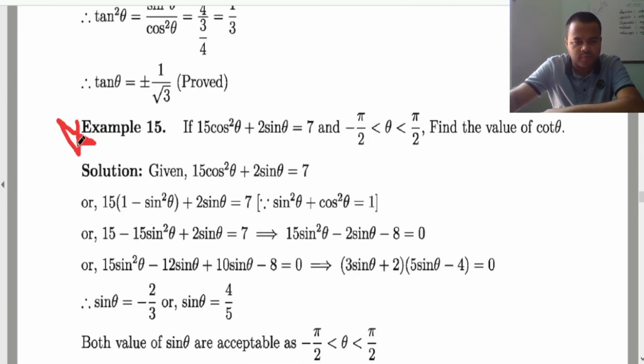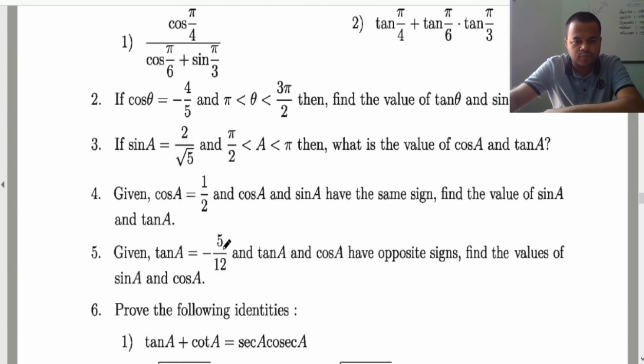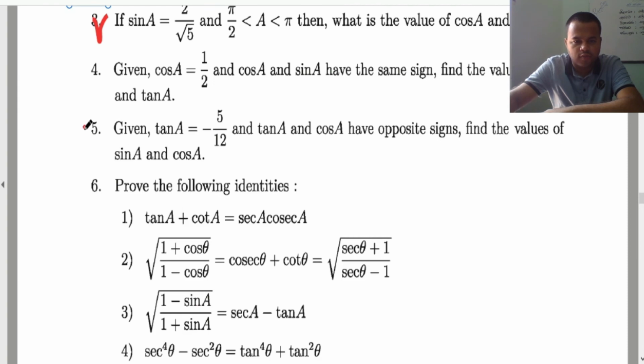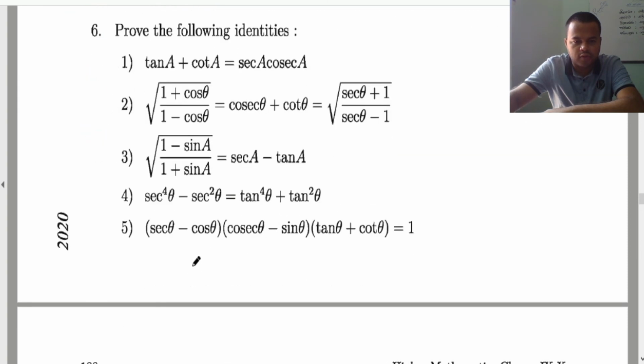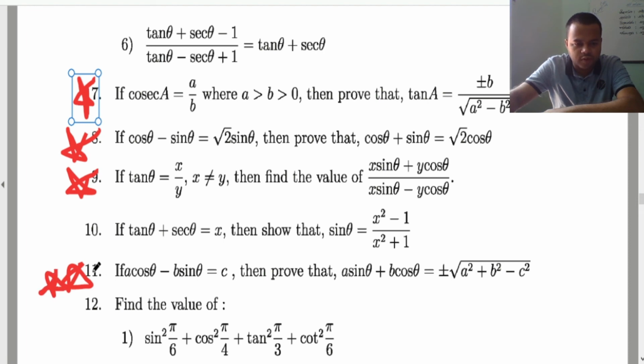This one is also important, example 15. Now here 2, 3, 5, 4. This one is very important, this one also, this one is very important. So you can put stars here as you can.